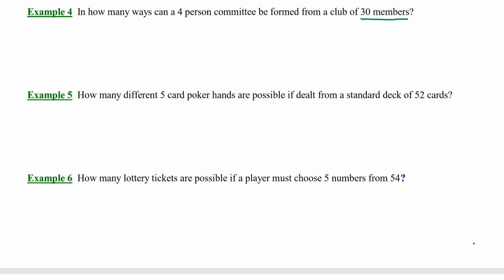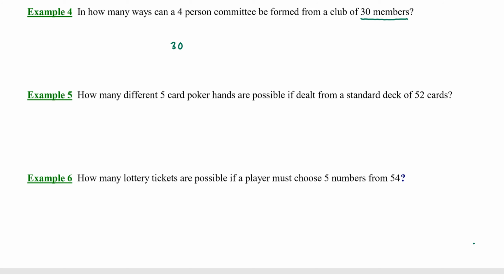But here, from the club of 30 members, if I'm just forming a 4-person committee, think about it. If I pick 4 people out of those 30 and I sit them at a desk, and then I tell them to rearrange their chairs, switch seats with someone at the table, I haven't formed a new committee, right? So the order of selection is not important. Therefore, we use a combination.